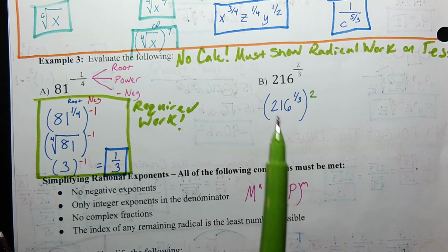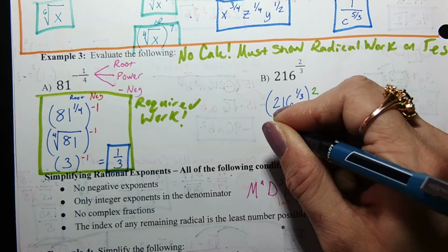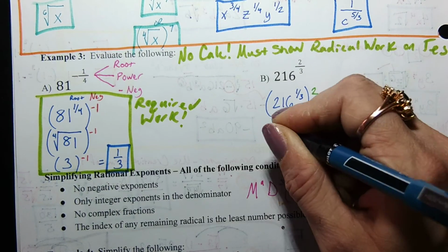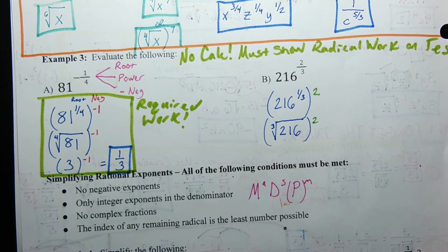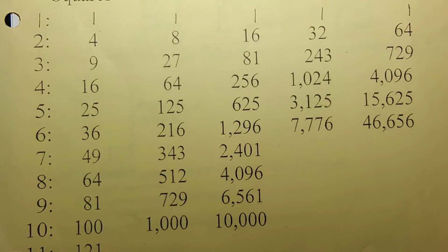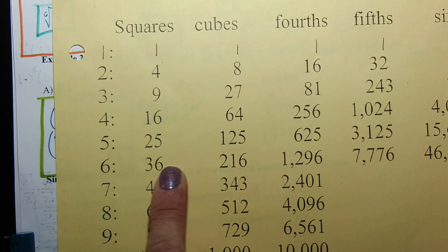So what I can do from here is take the cube root of 216, and using our purple sheet, yellow sheet, whichever color you have, the cube root of 216 would be 6.